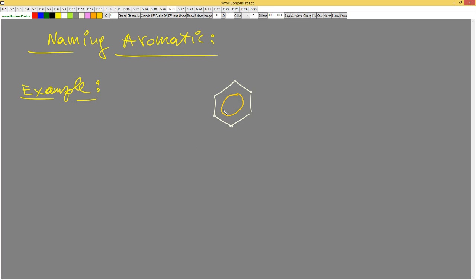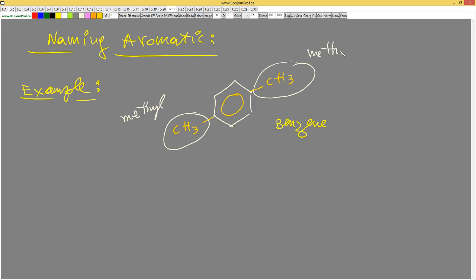When you see a ring, it is a benzene. And say I have here CH3, and I have another CH3 here. How am I going to call this one? First, the ring is a benzene, and we have two side chains. This one is a methyl, and this one is a methyl.